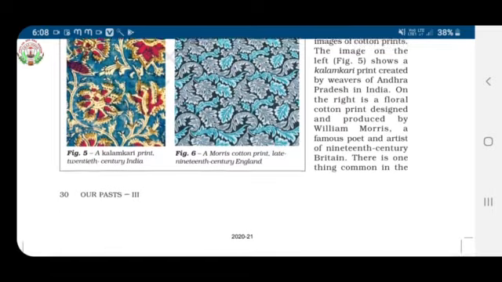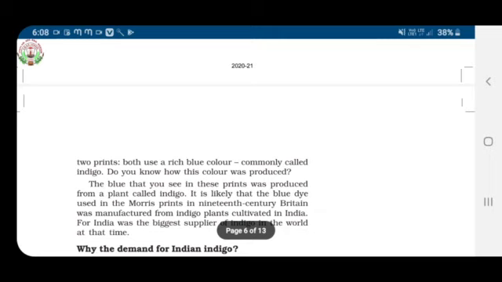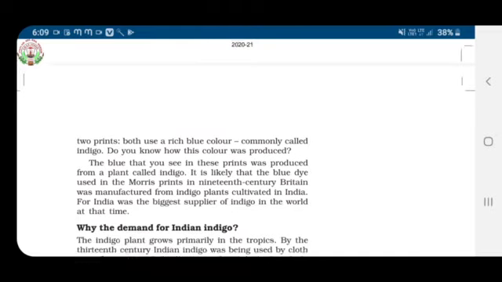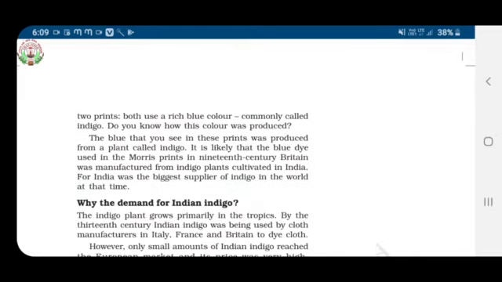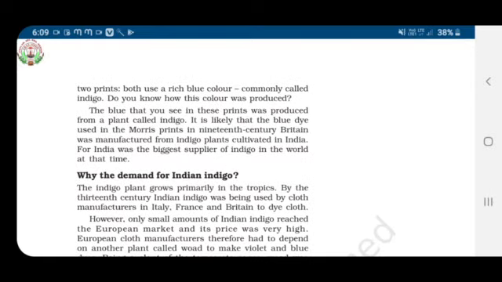There is one thing common in both the prints, that they use rich blue color, commonly called indigo. So the blue that you see in these two prints was produced from a plant called indigo.